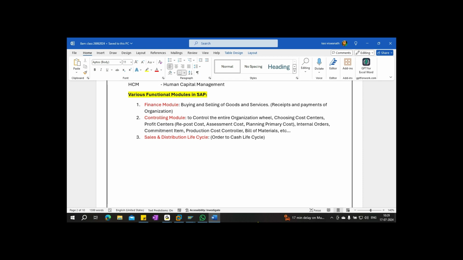Choosing cost centers and profit centers.